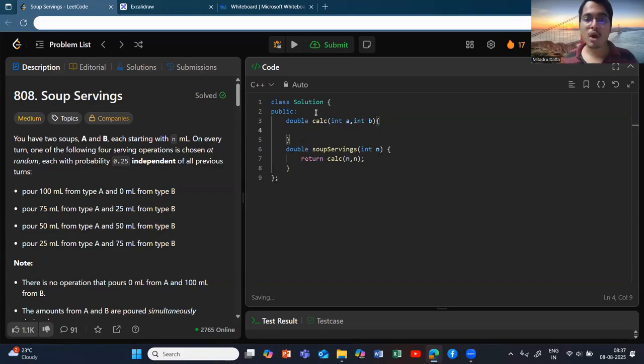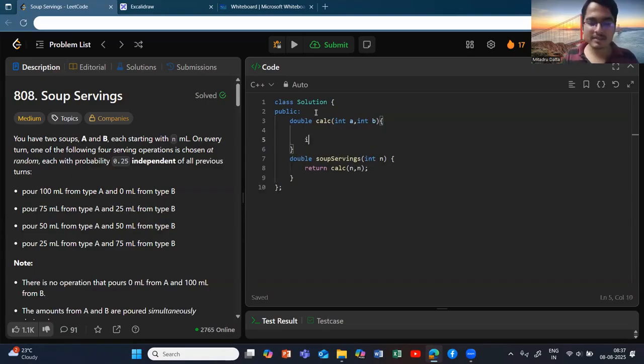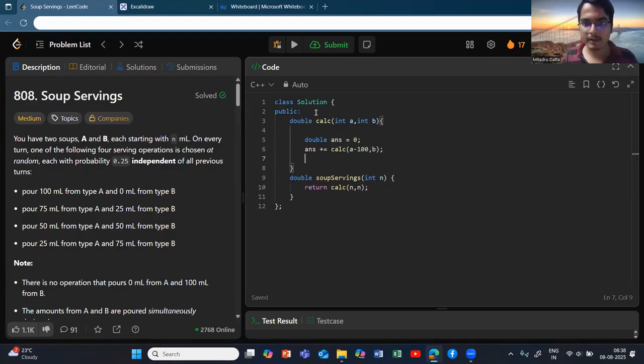Before writing the base case, let me do something like answer is 0. I need to return a double. I will do the first operation here, which will give me calc of a minus 100 comma b, and similarly all of these, I can just simply do all of this.